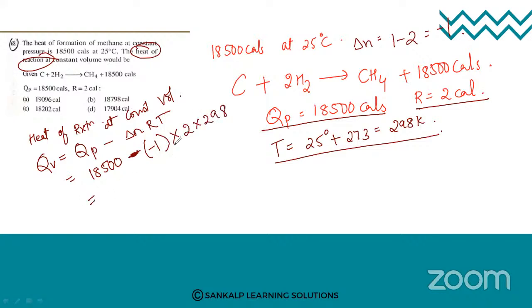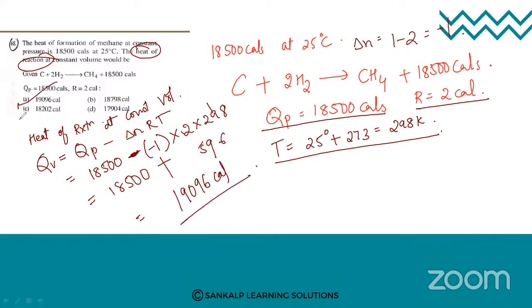So 18,500 plus, 2 8s are 16, 2 9s are 18, 19, 2 fours are 8, plus 596 equals 19096 calories. Option number A. So this is the heat of reaction at constant volume. Got it?